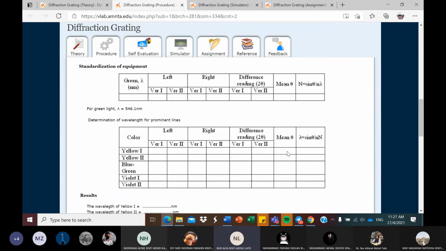To calculate the wavelength of each color line, sine theta, where theta is the mean, over n, where n is the order, which is 1, and the standardized n we use is from the green line.